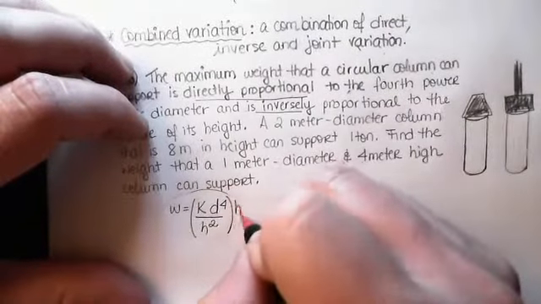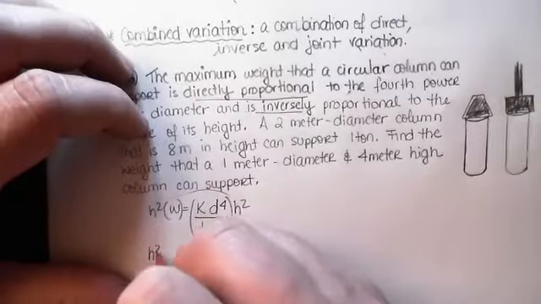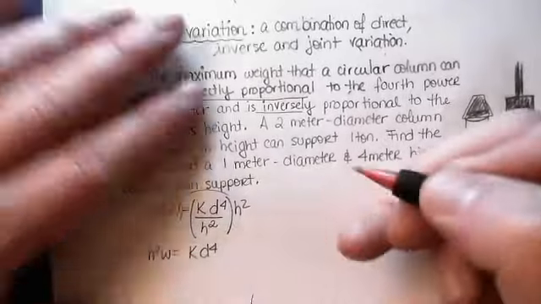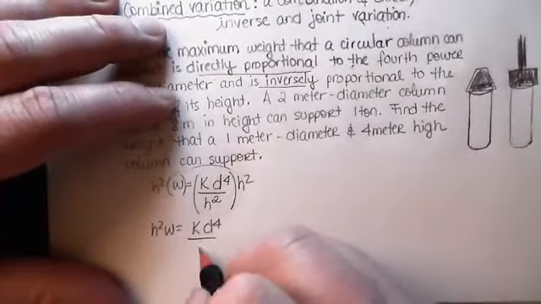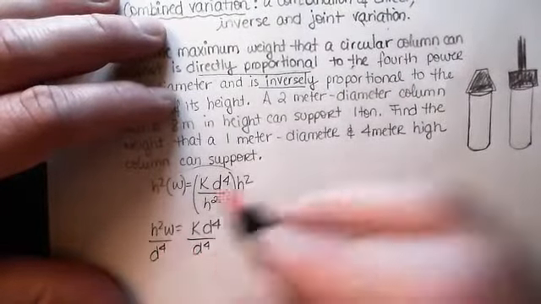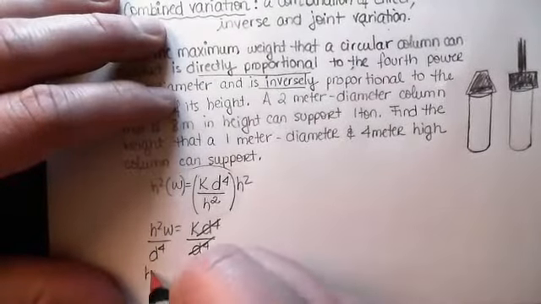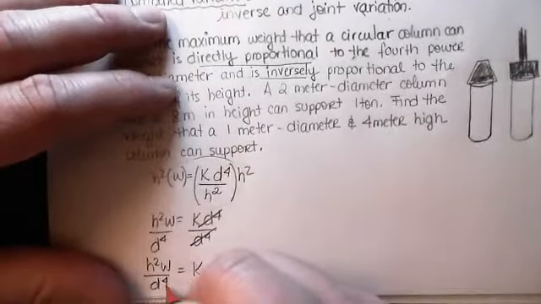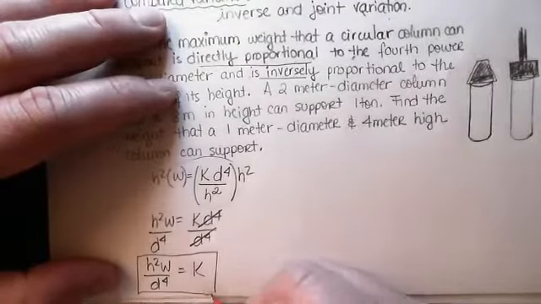First I'm going to multiply by h squared on both sides. So this would be h squared w equals k d to the fourth. Now I want to get the k alone, so I'm going to divide by d to the fourth. And that cancels, so I'm left with k.